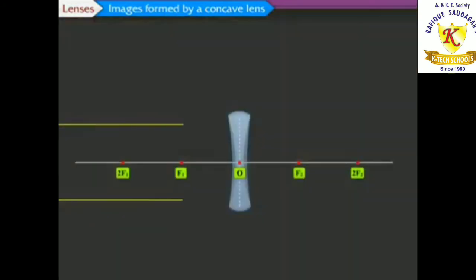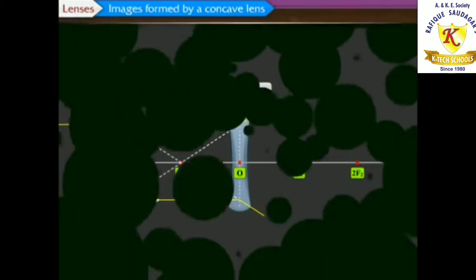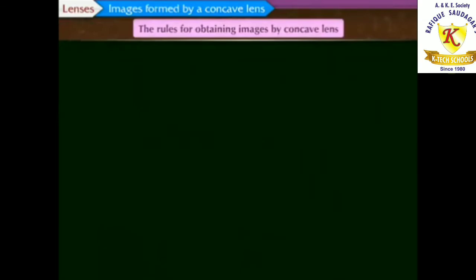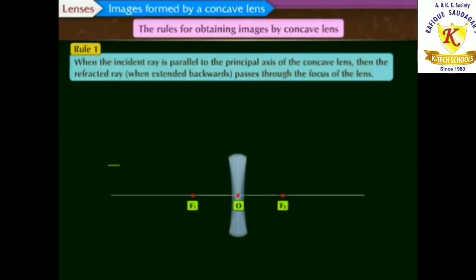Now let us learn images formed by a concave lens. This is a concave lens. The rules for obtaining images by a concave lens are: Rule number 1.